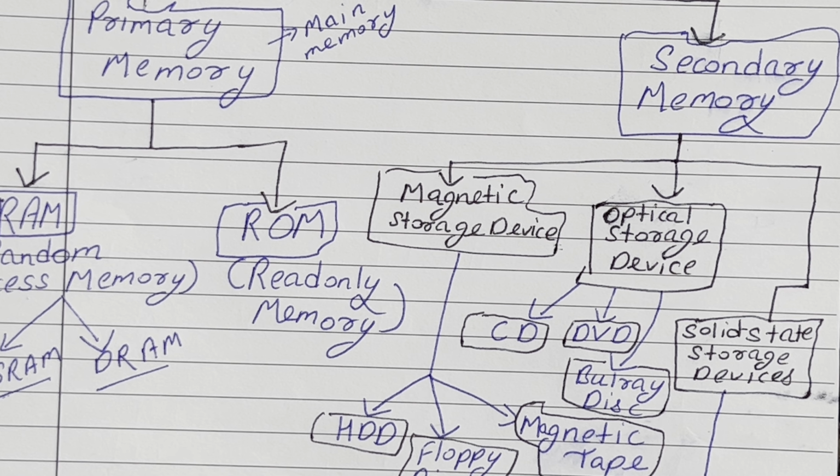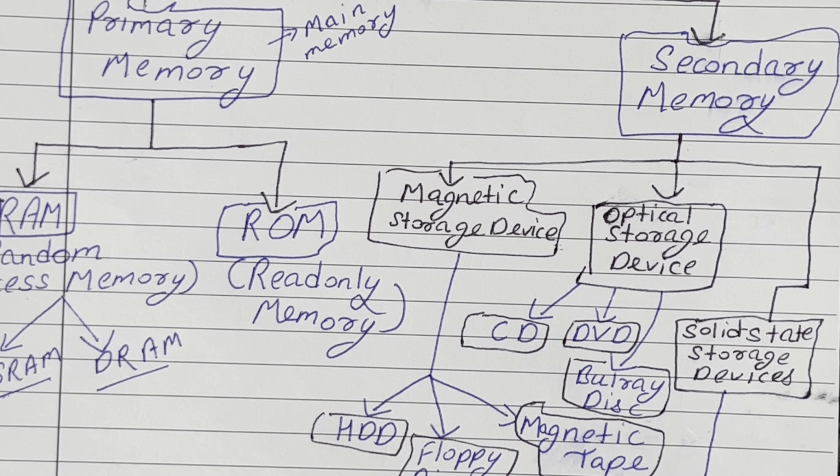So guys, optical storage devices are secondary memory devices which store data digitally on optical discs using laser beams, and the data is stored in the form of tiny microscopic patterns called pits and lands on the surface of the disk.